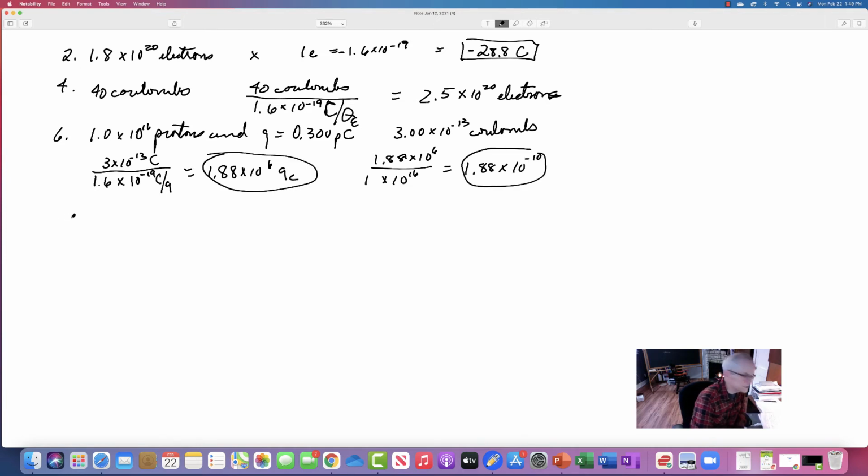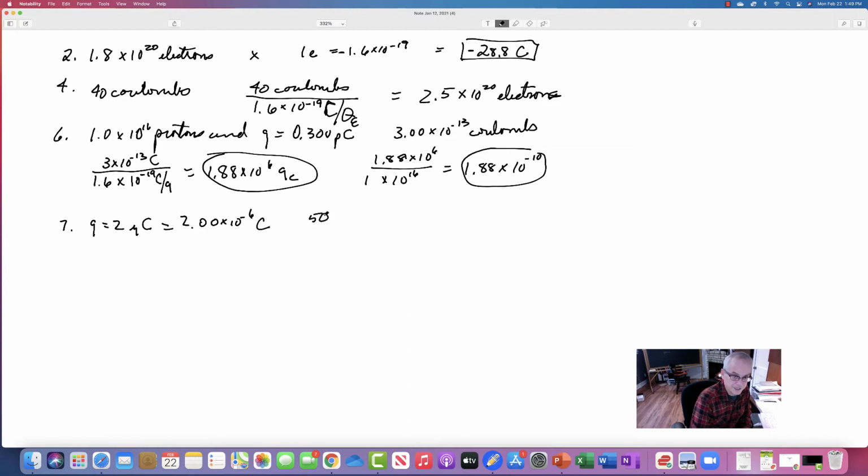Okay, number 7. A 50-gram ball of copper has a net charge of 2 microcoulombs. So the charge here is 2 microcoulombs, which is 2.00 times 10 to the minus 6 coulombs.